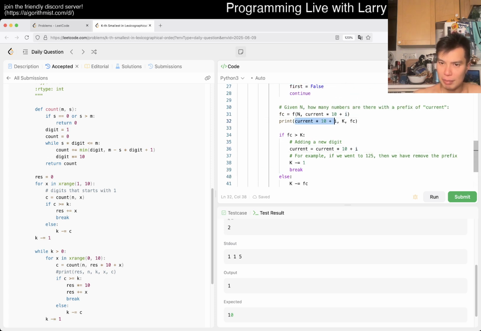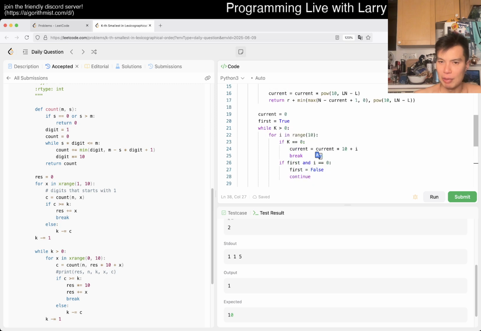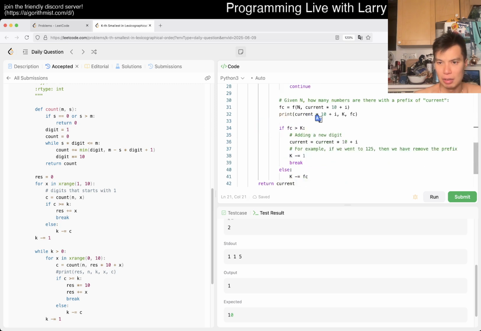So this is 1, this is 1, this is 5, so you have this. We move 1 as the prefix, so then now it's the 0, but then now we break, but we want 1 more digit here. So actually, I guess we don't subtract this now anymore, right?